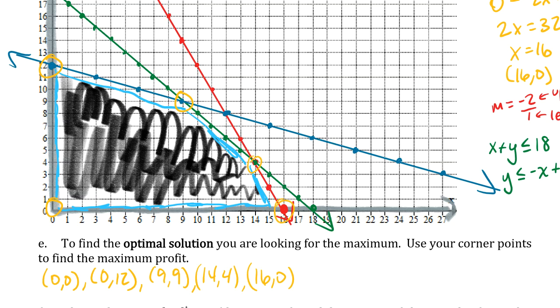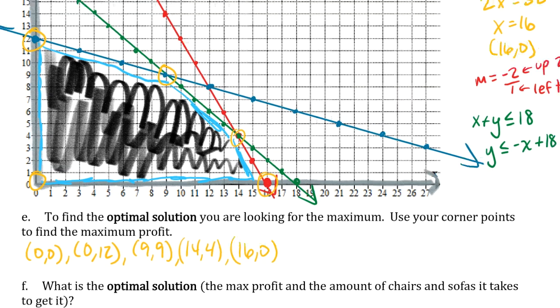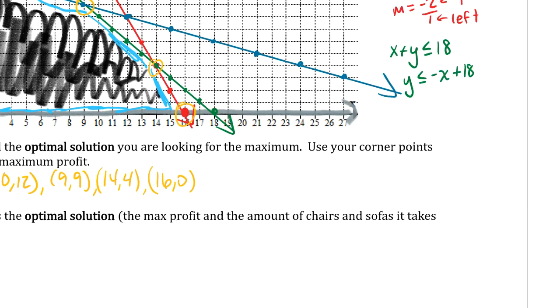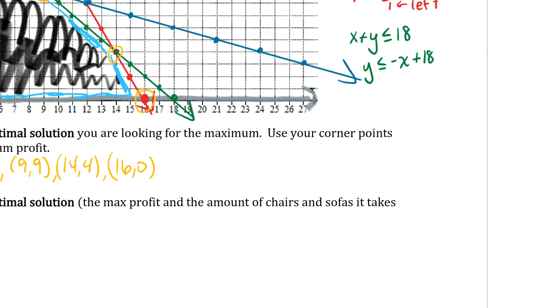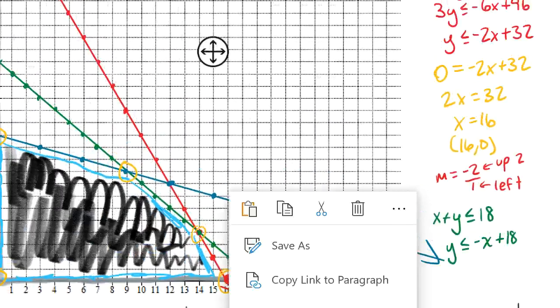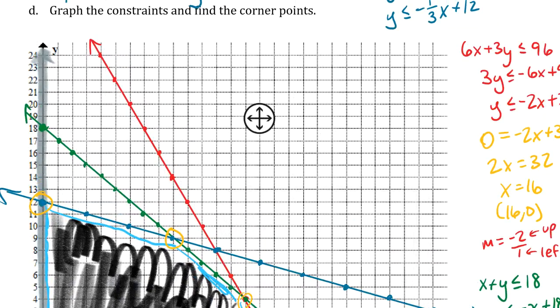Now, we're going to need to put these inside a table again. So I'm just going to go off to the side. We need our point. And then we need what we're plugging our point into, which remember, we already got that. That's the profit equation up here.